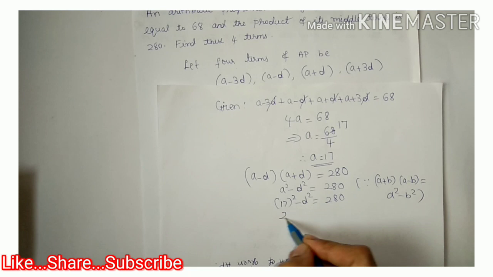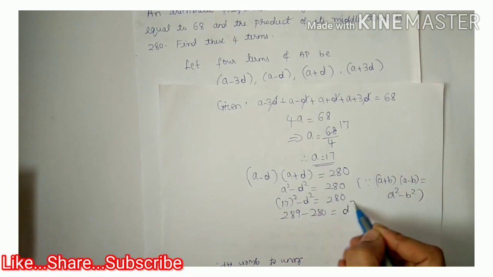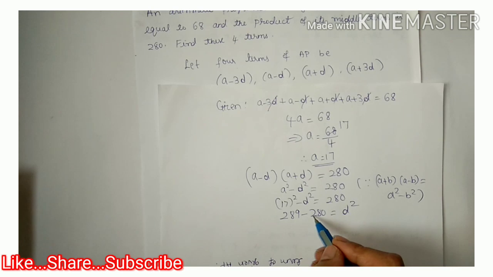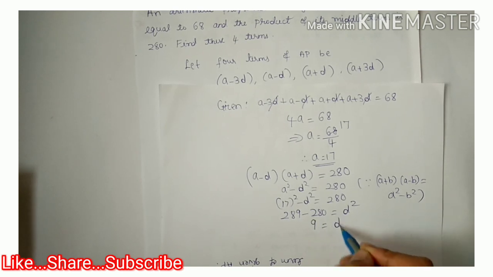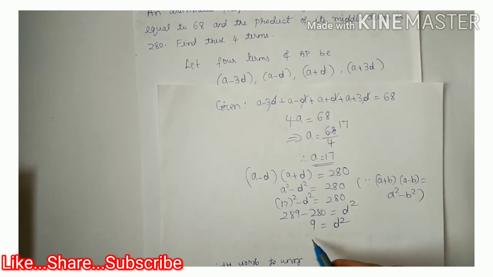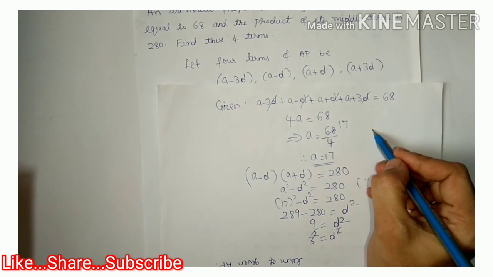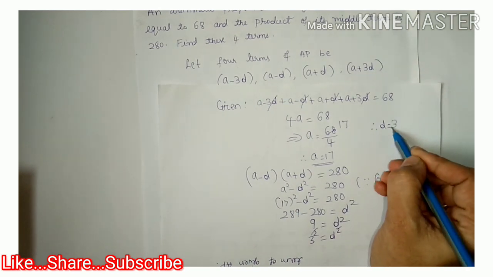17 square is 289, minus 280 is equal to D square. 289 minus 280 is 9, which is equal to D square, so 3 square is equal to D square. D is equal to 3.